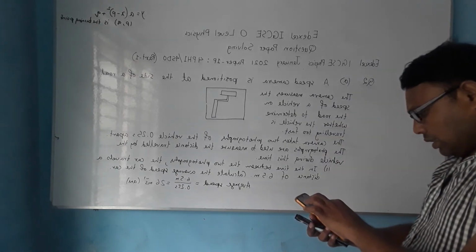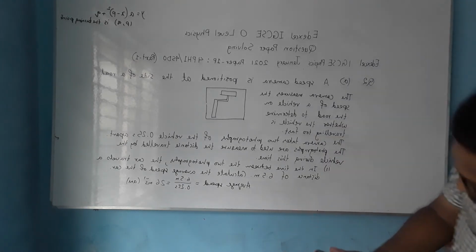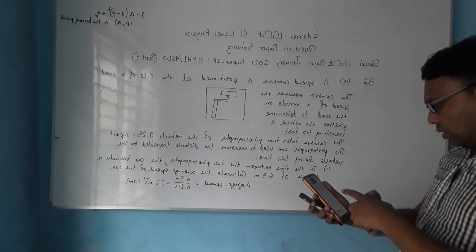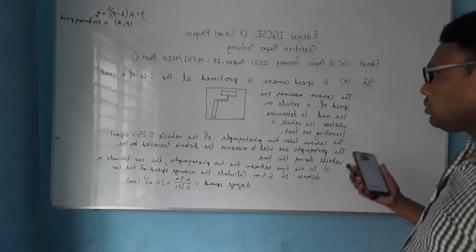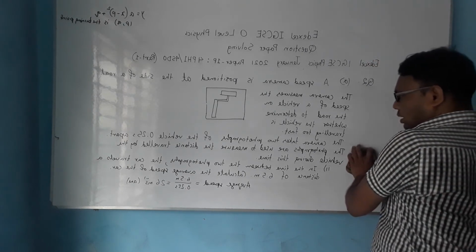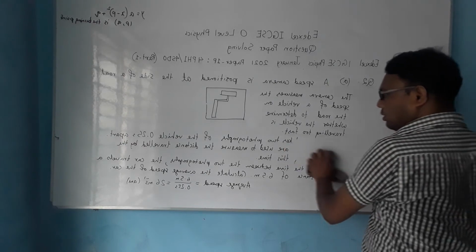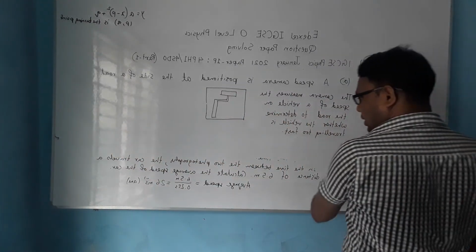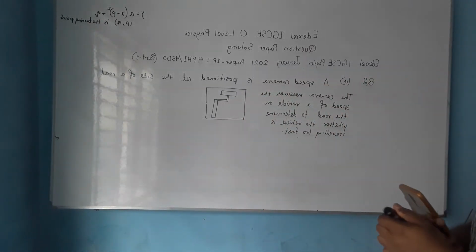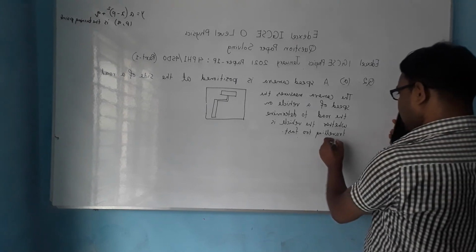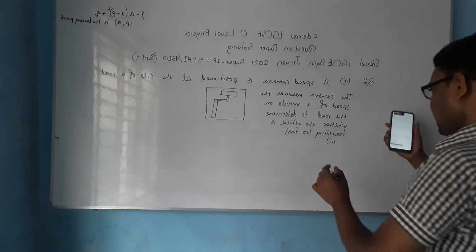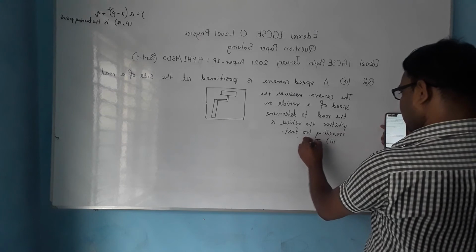So A2 is done, that is A3. So this is A3, and here is the question about the speed limit.